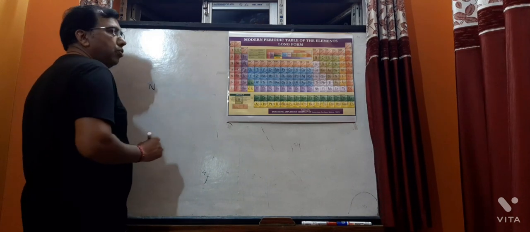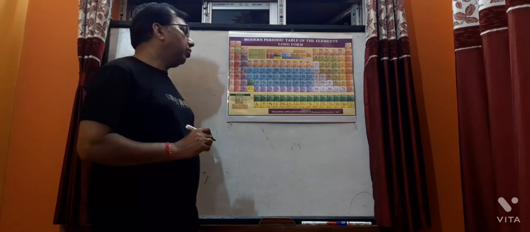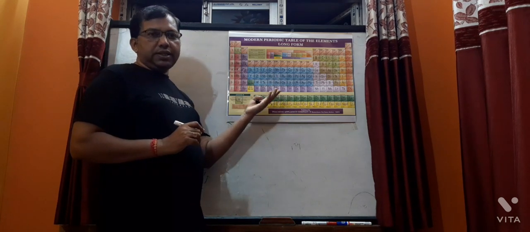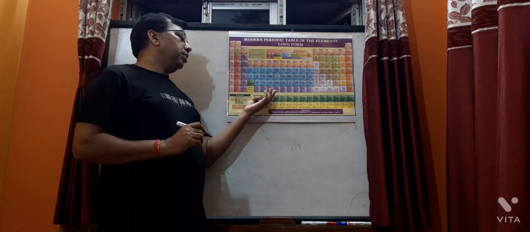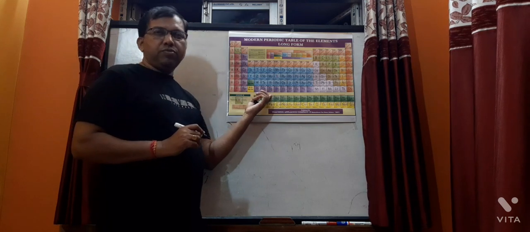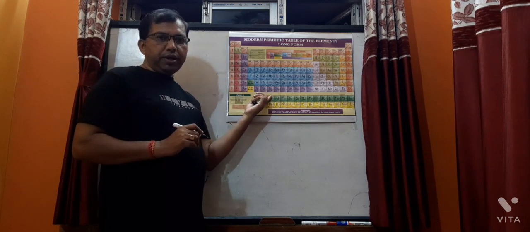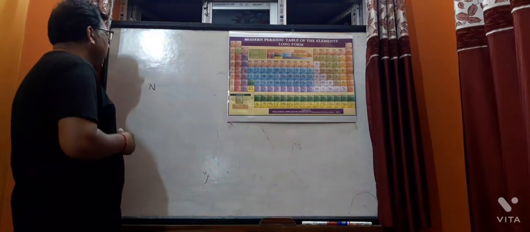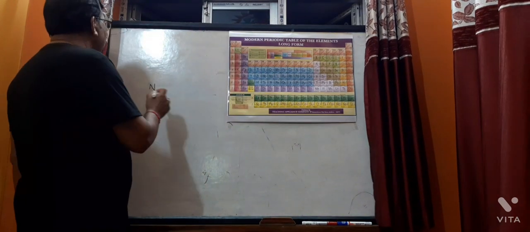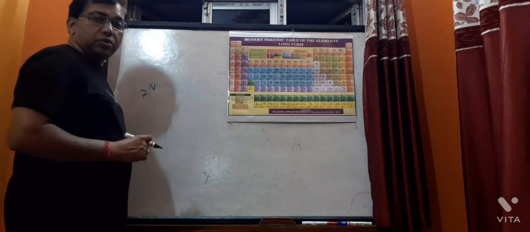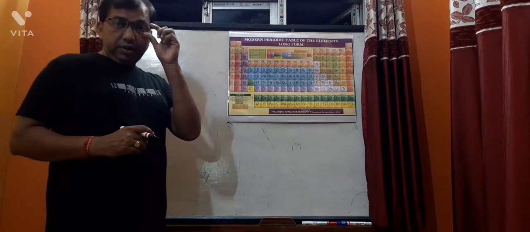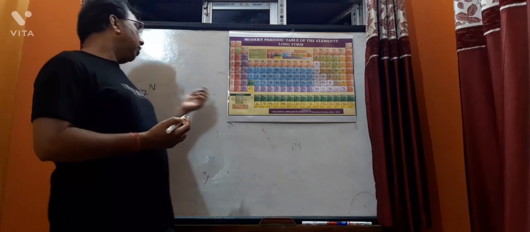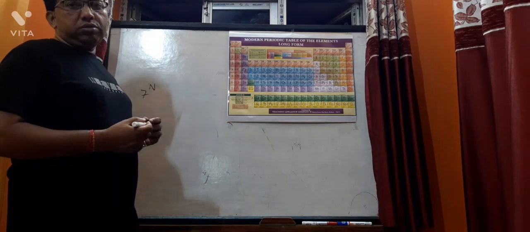You should remember the atomic numbers: 1 to 20 is a must, plus 9 and 10 you have remembered, plus 1 to 30 up to 50. If you remember the atomic number, then it will be clear. Nitrogen is 7. Let's find out the period, block and group.